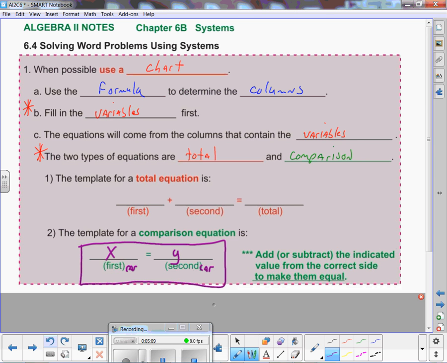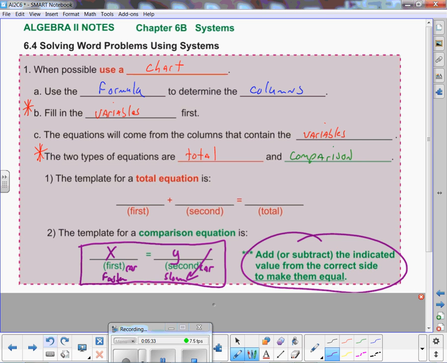It says the first car is traveling 30 miles per hour faster than the second car. I like to write faster there, and you can put slower here. So look to the right here. It says add or subtract the indicated value, that's the 30 miles per hour, from the correct side to make it equal. Look, if this one is slower, it's slower by how much?